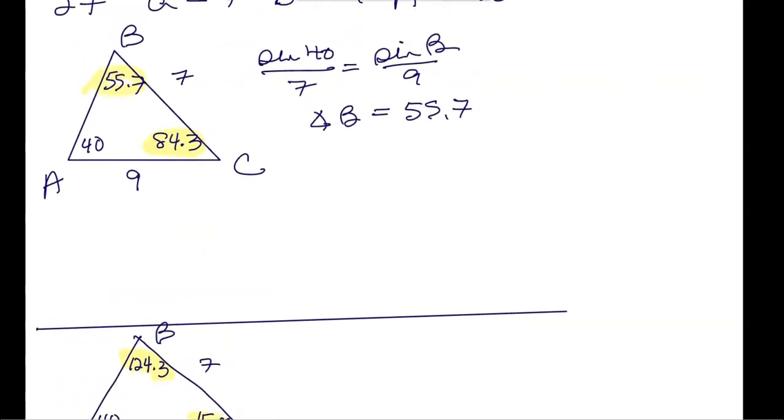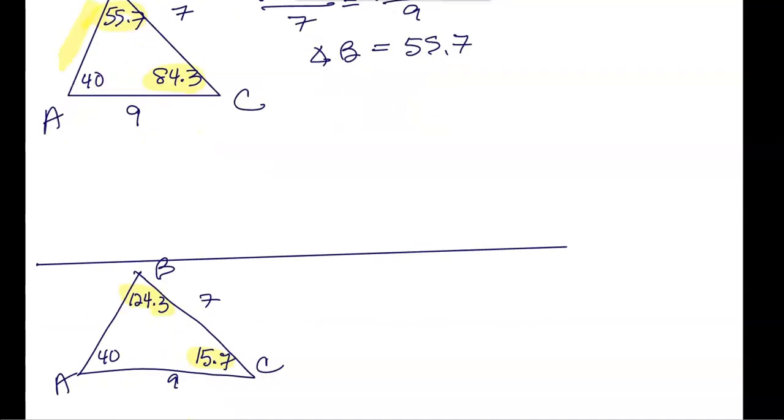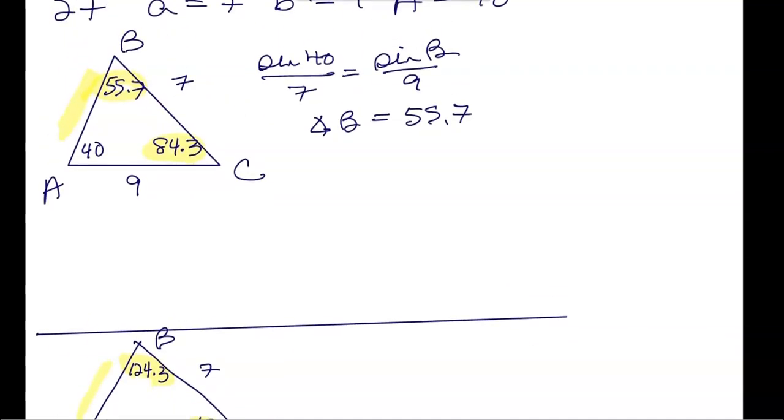Okay, find the remaining missing side c. You need this side and this side in both. So, using the first pairings, I have sine of 40 over 7 equals sine of 84.3 over little c, and I get little c is 10.8. Done.